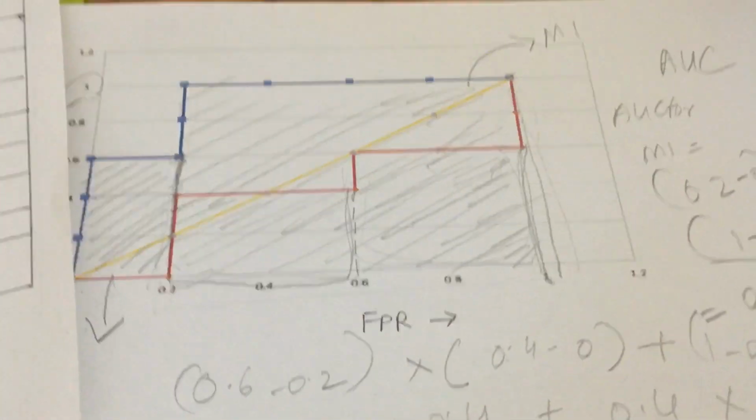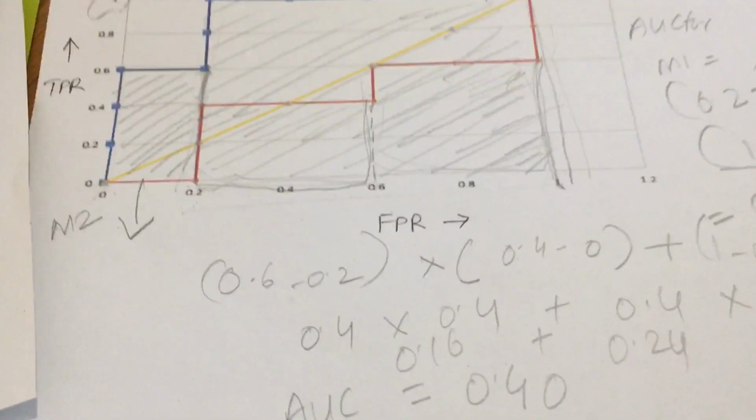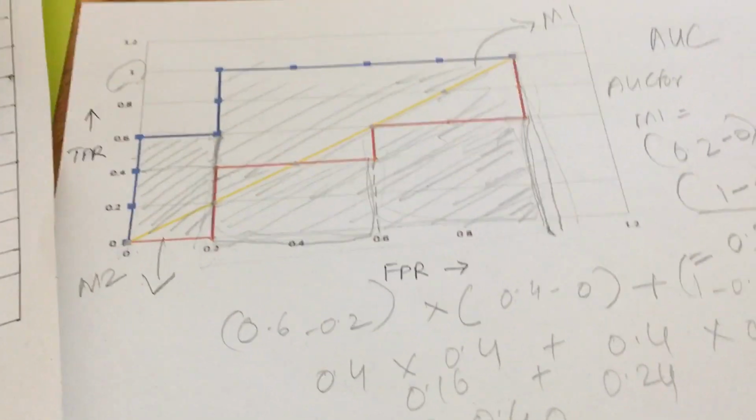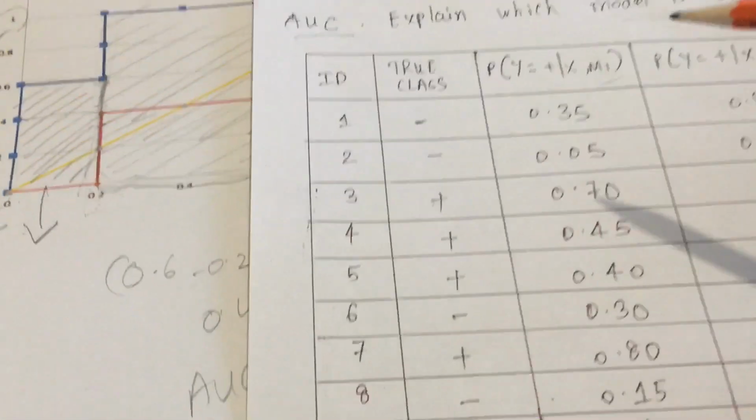Now there are some remarks. We need to know which value is good or which model is better. It is said that AUC is 1 for a perfect classifier for which all positives come before all negatives. Meaning in the data set, if we have all positive values on the top and after that all negative values, the AUC is 1, which is a perfect classifier.